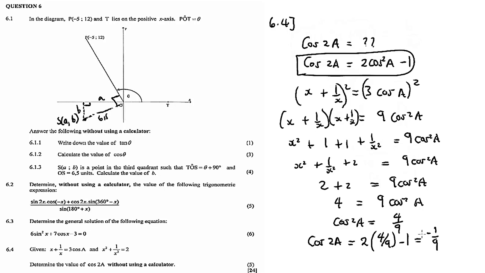So this is our answer, minus 1 over 9. So it was necessary to square this equation. Why square it exactly? It's because of this double angle identity for cos, where the cos is squared. So that's one hint we can use here. And when you finish, you simplify accordingly.